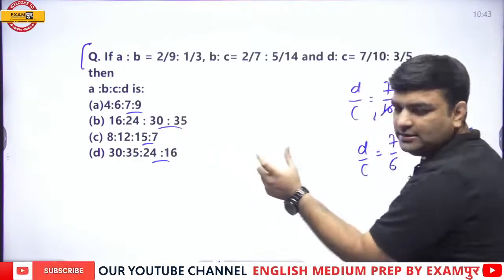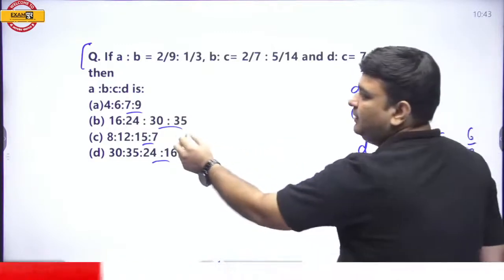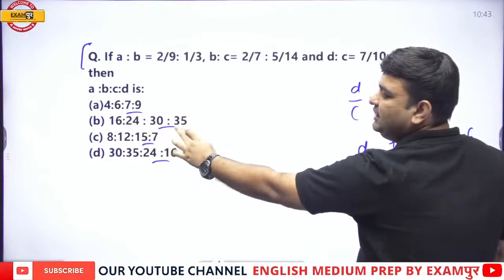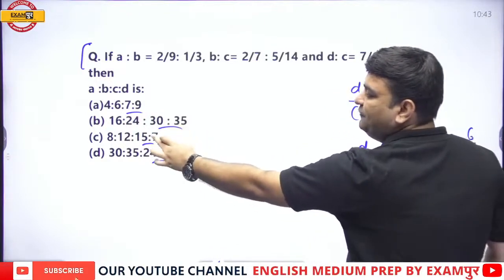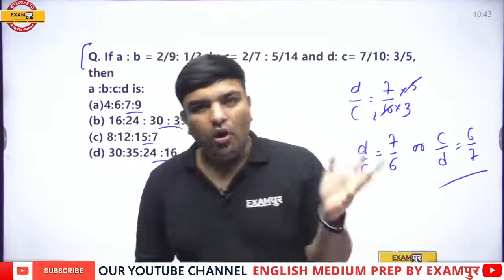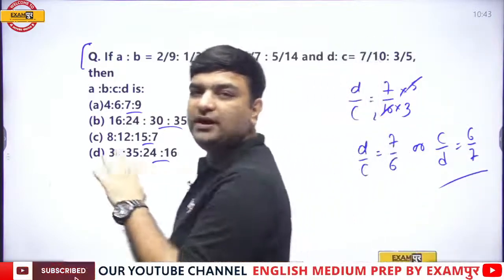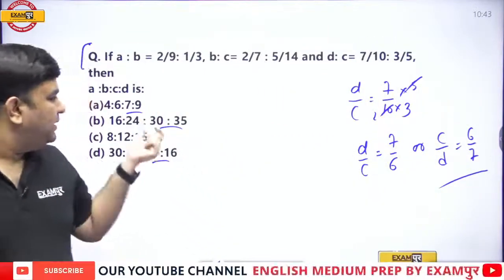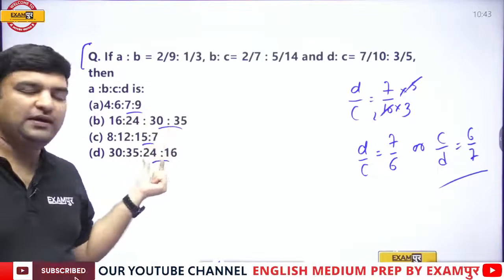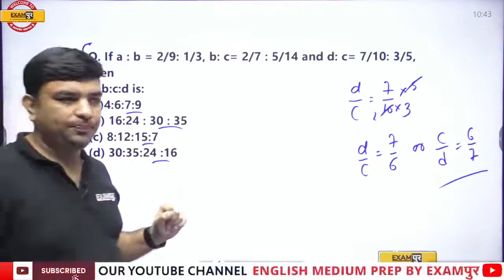Try to look for the things which can give you the unique answer, like C ratio D 7 ratio 9, C ratio D 6 ratio 7, 15 ratio 9, 25 ratio 16. In all the four options, it is looking like C ratio D is giving a unique ratio.